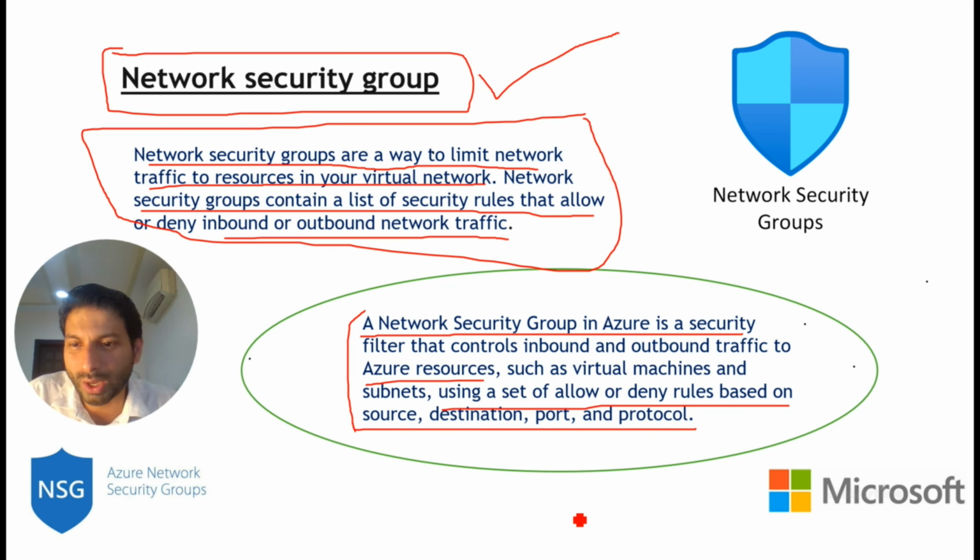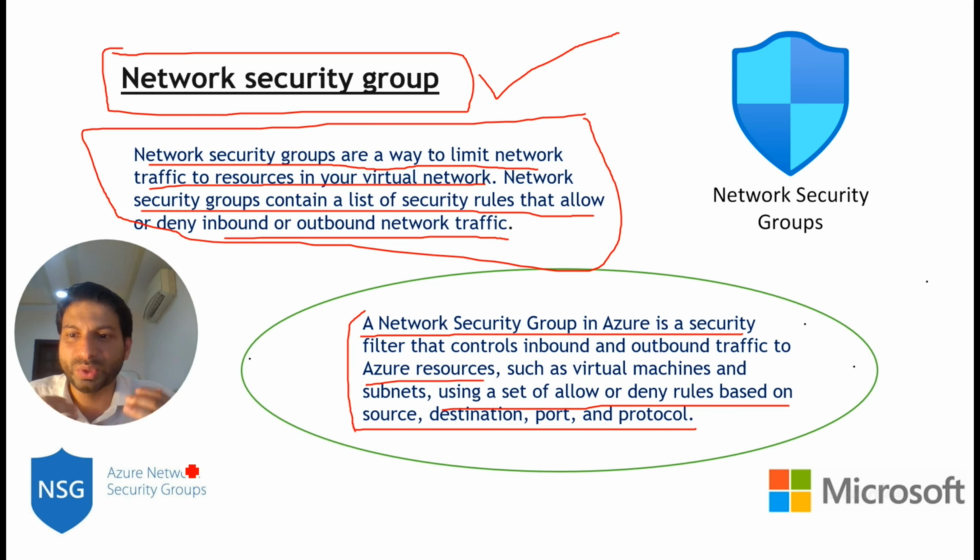So according to the allow and deny rules set in the NSG, we filter the inbound and outbound traffic to the Azure resources. That's the reason why I said it can be compared to the firewall, but in fact, a firewall has a lot of features. We can never compare a network security group with Azure Firewall, but ultimately what both of them do is the same thing: they control the inbound and outbound traffic. So that is the definition of network security group.